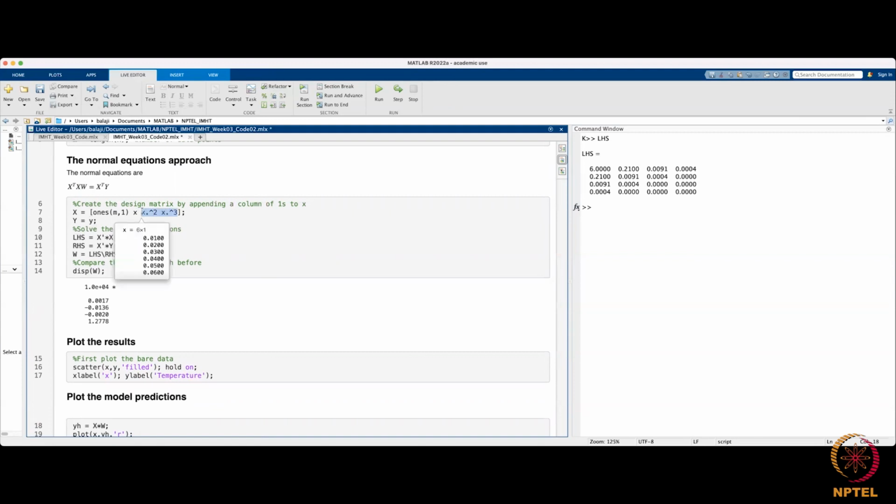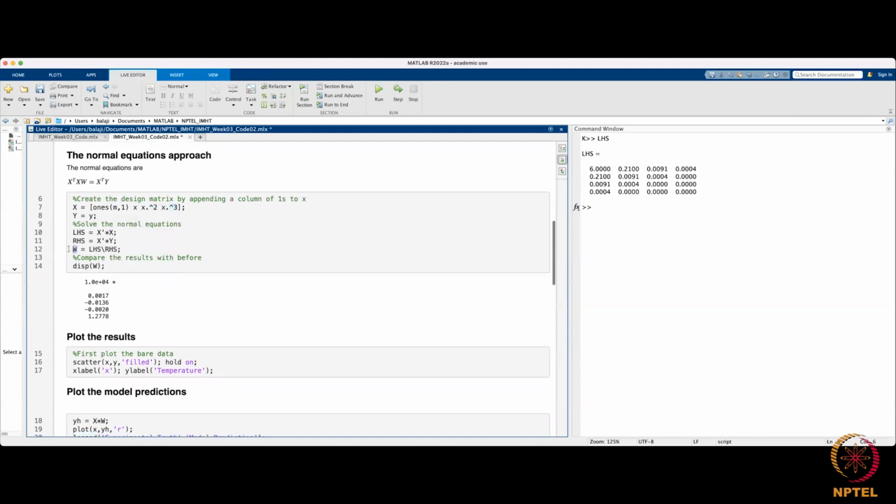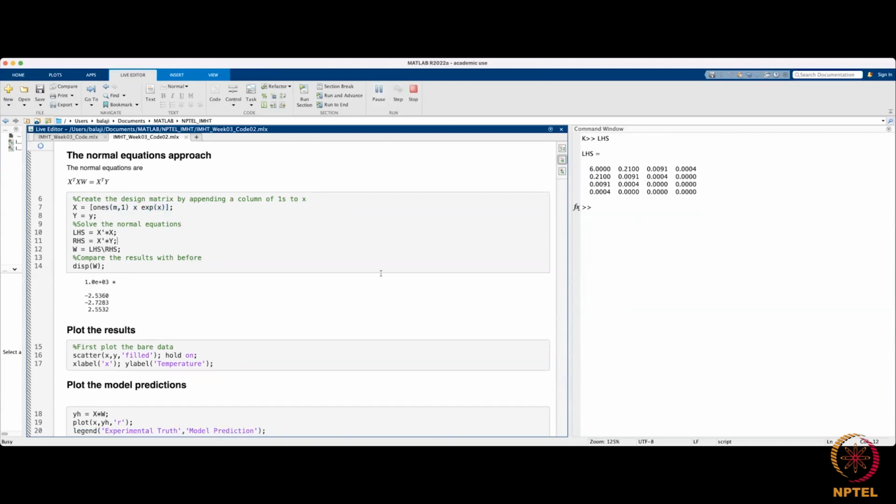The map is always linear in the W's, and it is automatically calculated using this normal equations approach. For example, I don't know how well this will perform, but just for the sake of argument, let us say we put e power x. So this model will be W0 plus W1x plus W2 e power x. What is the best fit? Let's just run it and check.